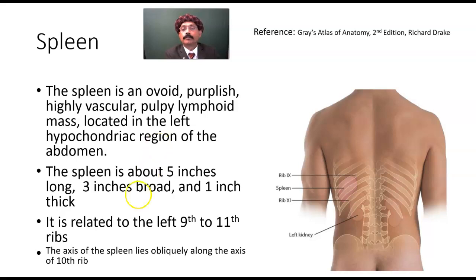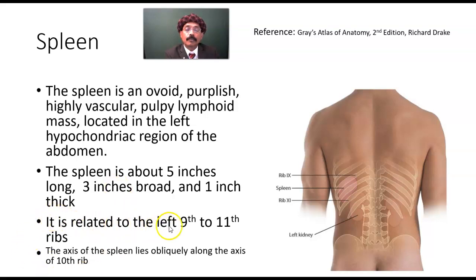The spleen is about 5 inches long, 3 inches broad, and 1 inch thick. Its size and shape vary from person to person, and it may be 3-4 times bigger in certain diseases.